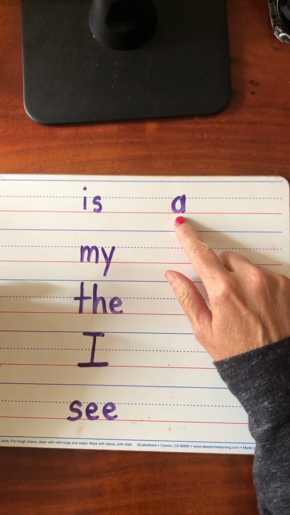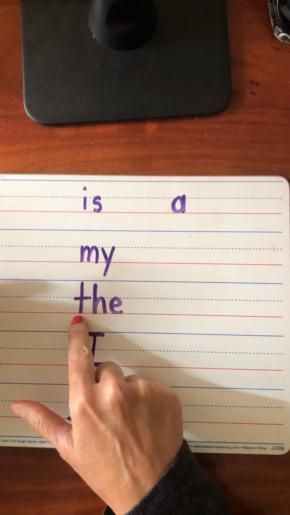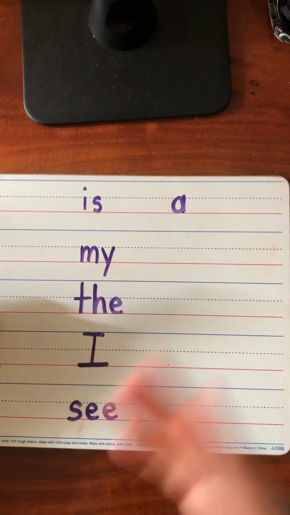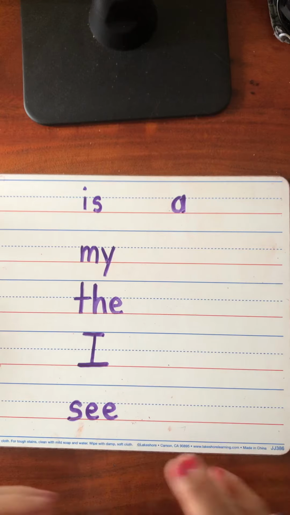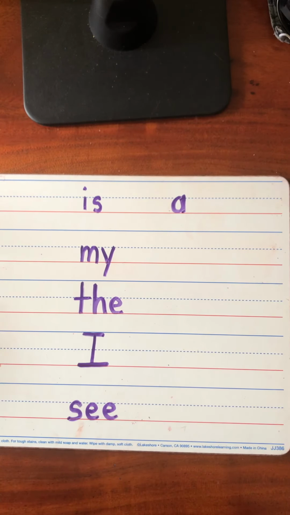You could go backwards. A, see, I, the, my, is, A. And maybe even cut them out and then mix them up and then try to read them that way as well.